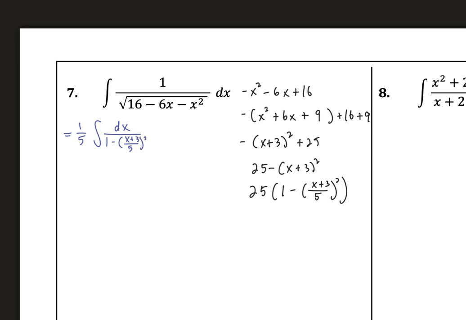Okay, then we can do u sub. Then we substitute. That dx becomes a 5 du. Bottom becomes a 1 minus square root. Oh, this should be a square root. Whoops. Yeah, that should be a square root there.